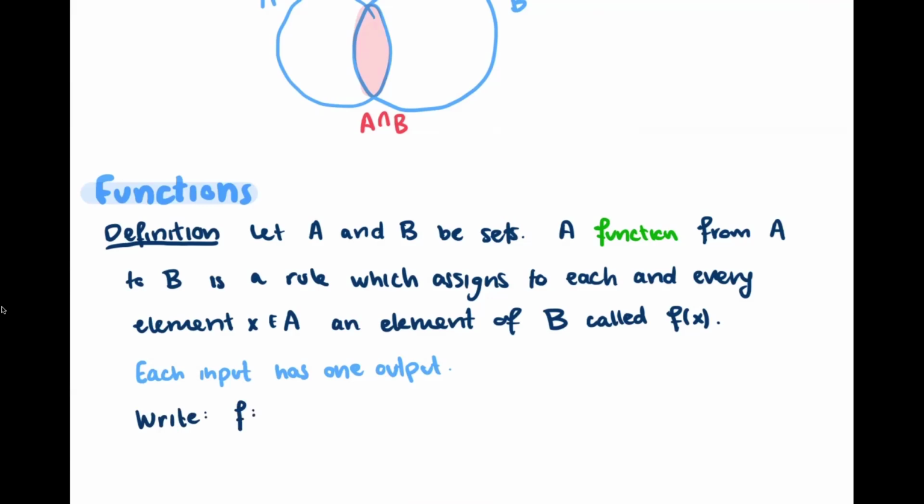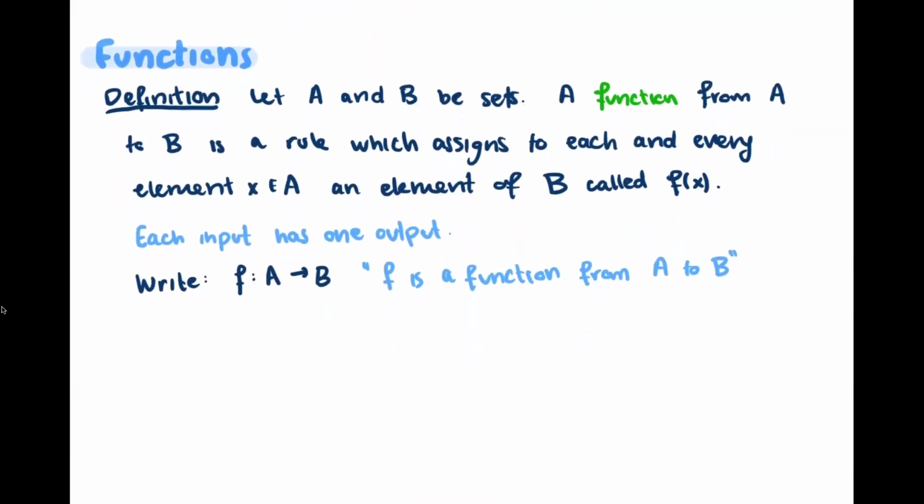So you put the symbol that is the name of your function and then a colon, and then you write A arrow B. So this just reads as f is a function from A to B. So for us, almost always A and B will be the real numbers or a subset of the real numbers. Okay, maybe I'll pause for questions. It seems like we're so far so good.